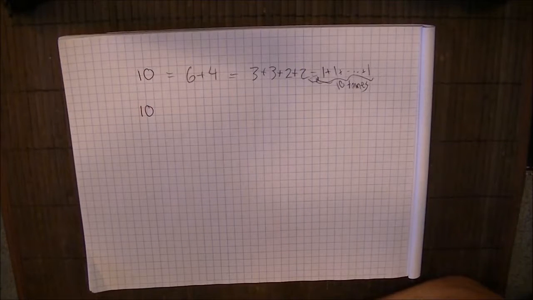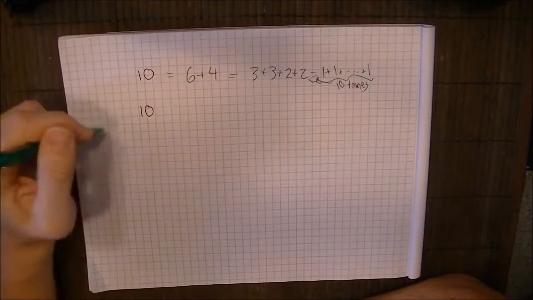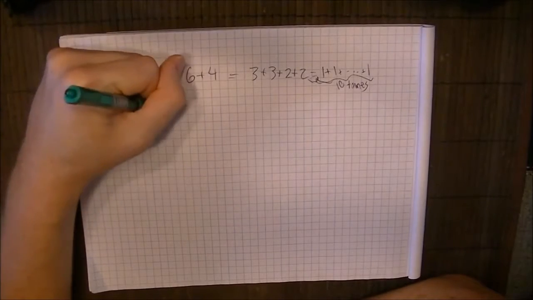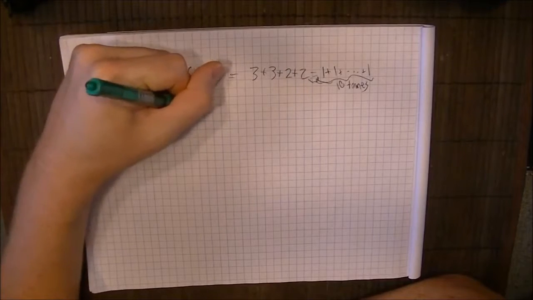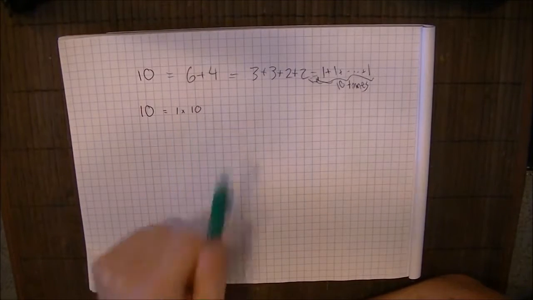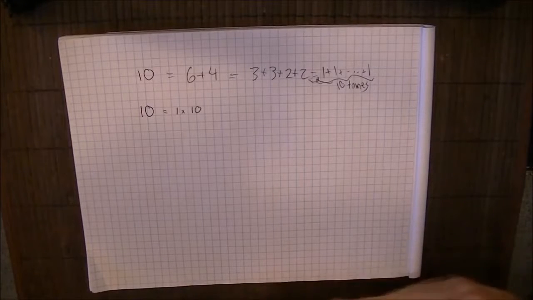Well, 10, we can break it into what are called factors. For example, one way of factoring 10 would be 1 times 10. So 1 is a factor of 10 and 10 is a factor of 10. But that's, once again, the boring answer, right? Those are obvious.